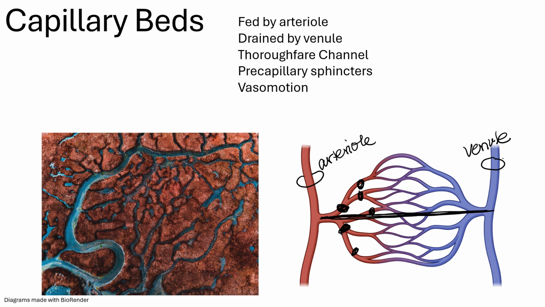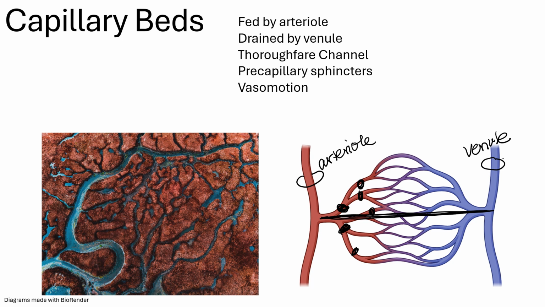When the precapillary sphincters constrict, blood shunts through the thoroughfare channel and bypasses the capillary bed. When you are exercising, blood is shunting through the capillary beds in your digestive system because you don't really need to digest a turkey sandwich while you're running a marathon. But the skeletal muscles will have open precapillary sphincters, allowing blood to perfuse into the capillary beds of skeletal muscle.